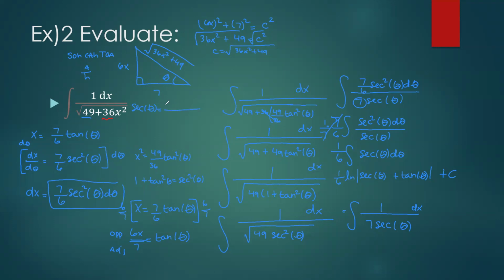So my hypotenuse is the square root of 36x squared plus 49, and my adjacent side is 7. Okay. And then what is my tan theta? Tan theta is opposite over adjacent. So the opposite side is 6x and my adjacent side is 7.